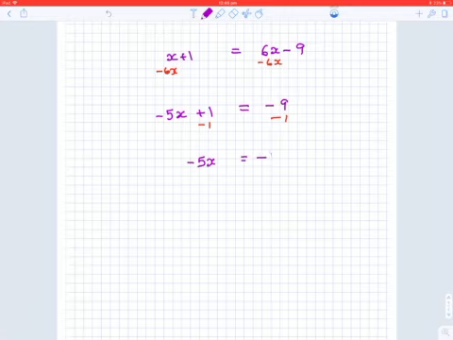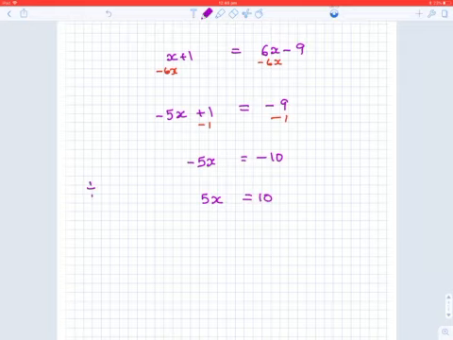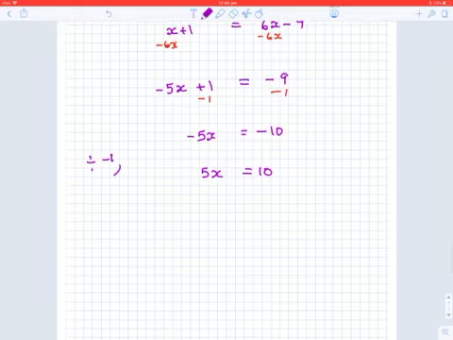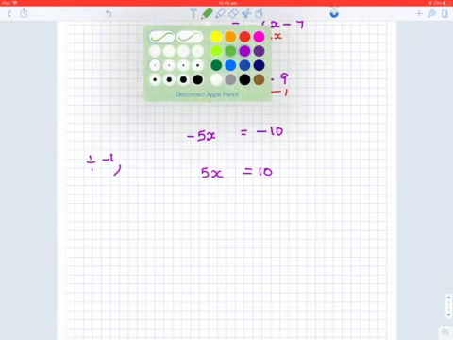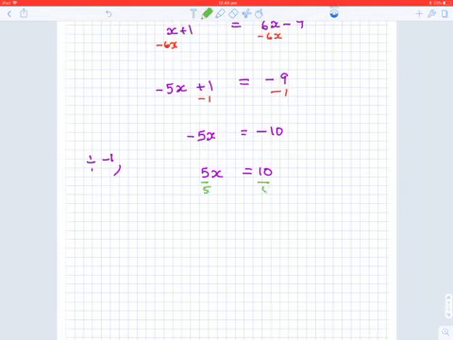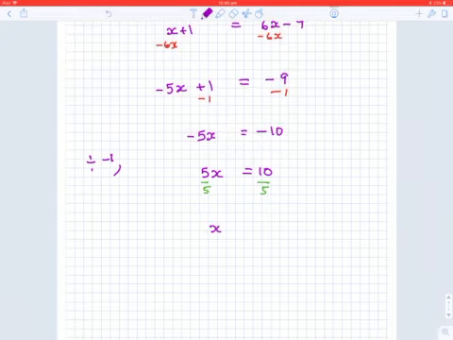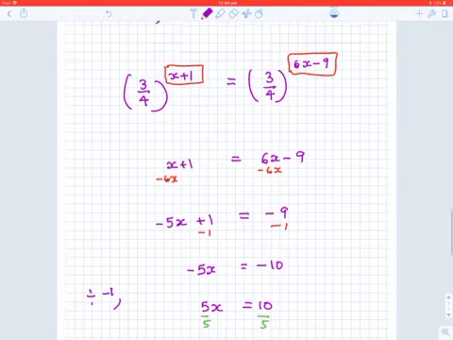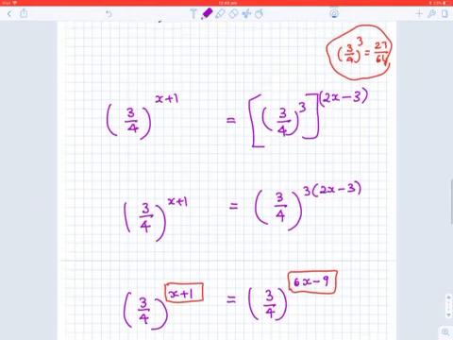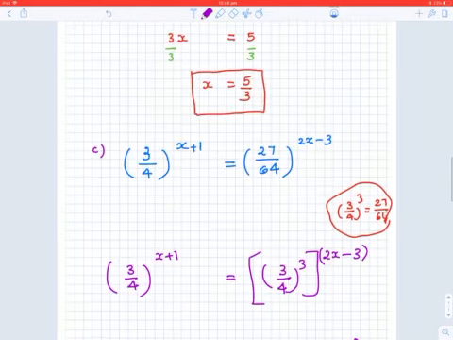Then minus 1 on both sides gives you minus 5x is minus 10, or we can say 5x equal to 10, that is dividing by negative 1. And now you divide by 5, which gives you x equal to 2.